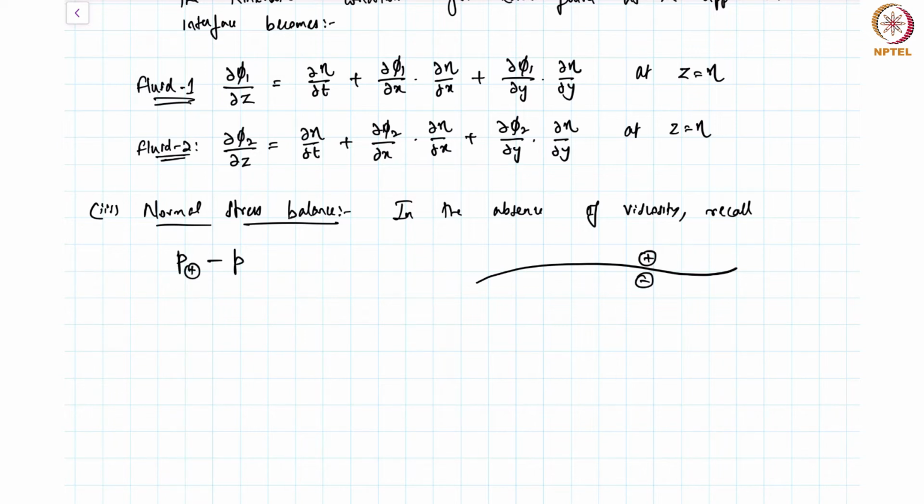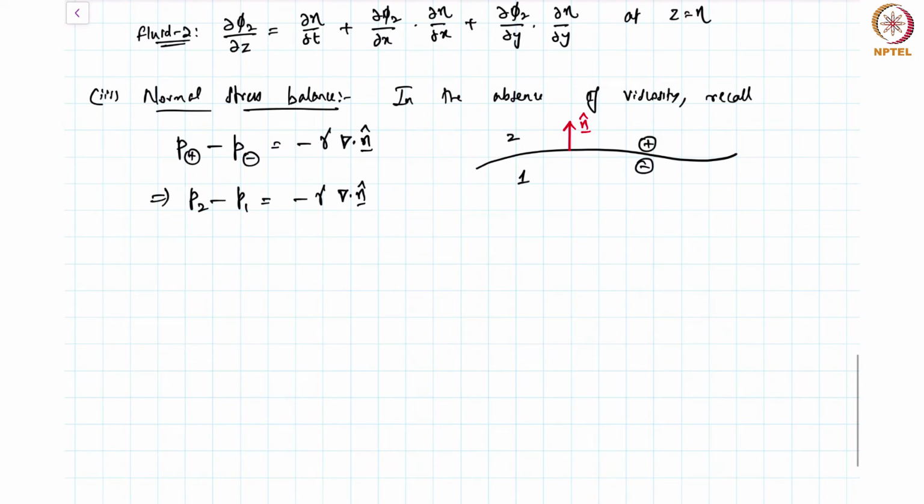It simply reduces to P plus minus P minus equals minus gamma times del dot n, where n is the normal vector pointing from minus to plus. In our case, the lower fluid we call fluid 1 and the upper fluid we call fluid 2, and therefore we simply have P2 minus P1 equals minus gamma times del dot n.